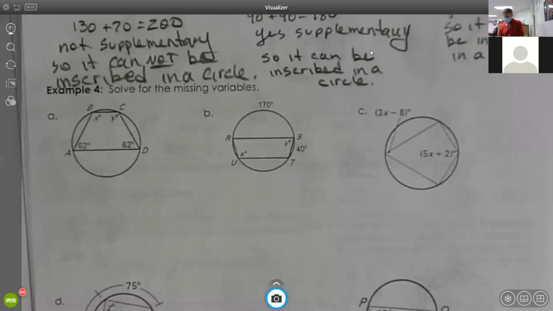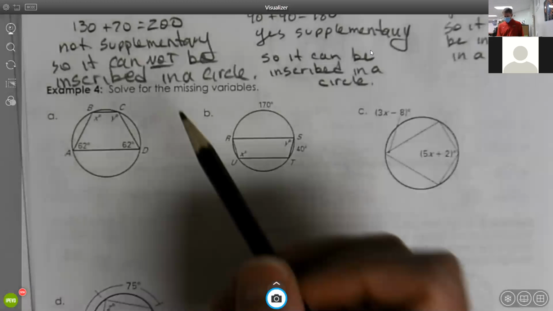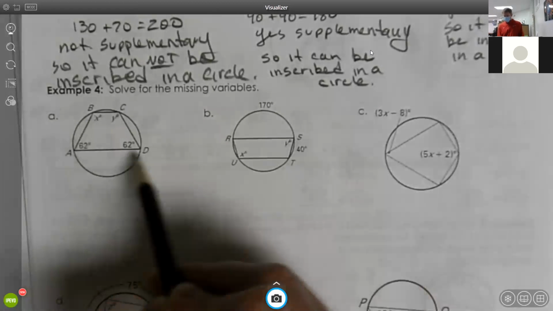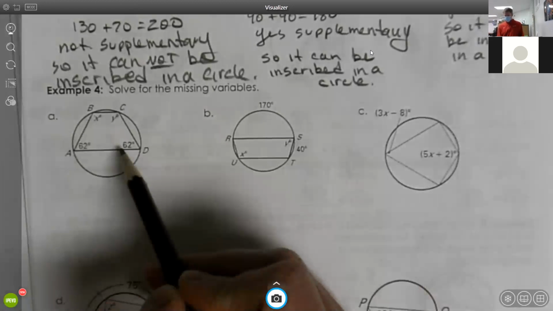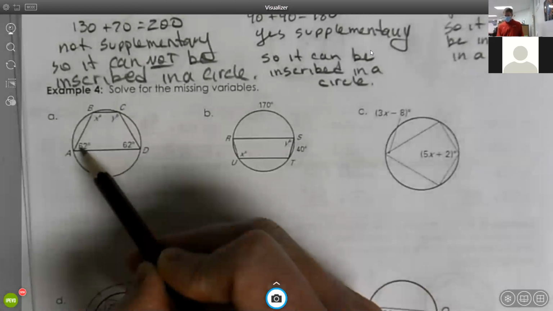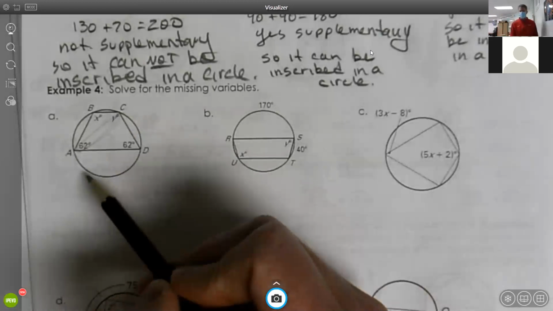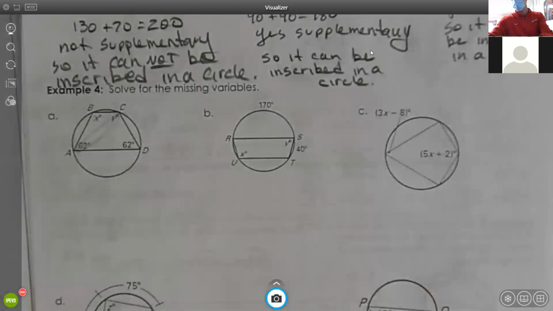Now, as we come back and we try to solve these, we see that this is a quadrilateral, it has four sides, and we know that opposite angles have to be supplementary. They have to add up to 180 degrees. So for them to add up to 180 degrees, we have to calculate what y is going to be.